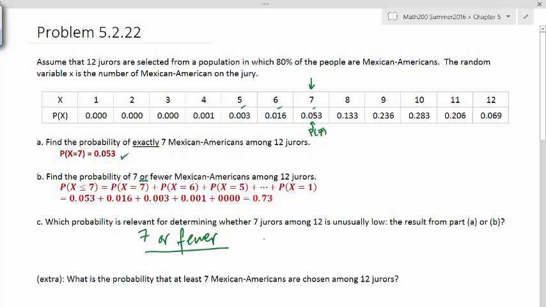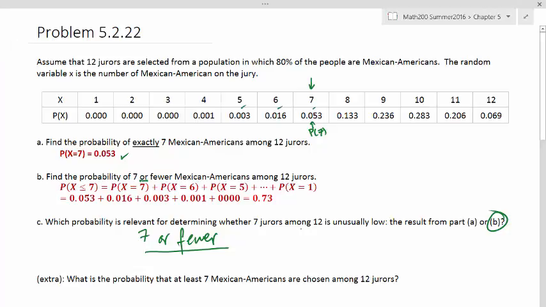So I think between these two probabilities in part A and part B, we want to look at the probability in part B to have a more meaningful result. Having exactly 7 jurors out of 12, which does not account for 1 through 6, is not a good probability to consider if you're asking whether 7 jurors among 12 would be unusually low.